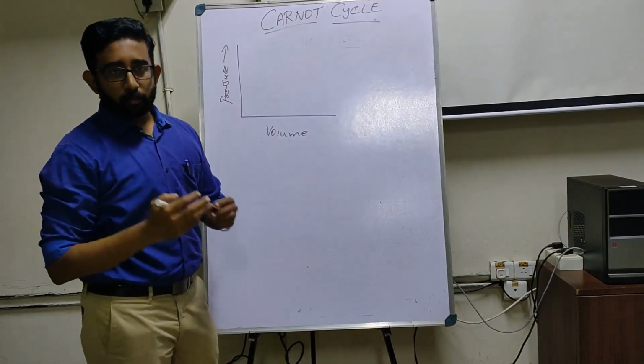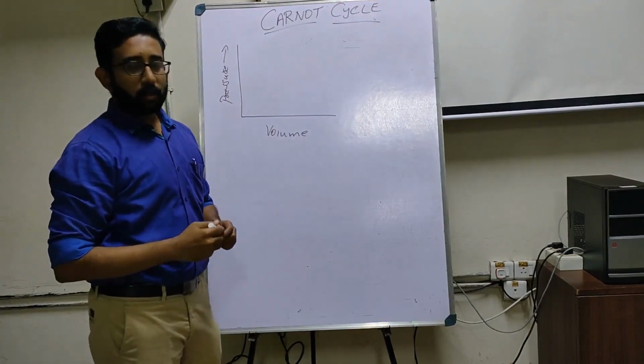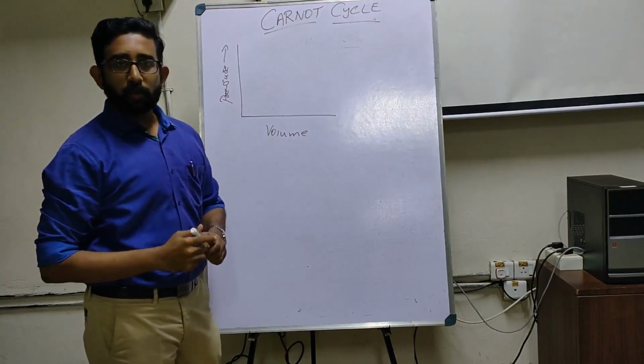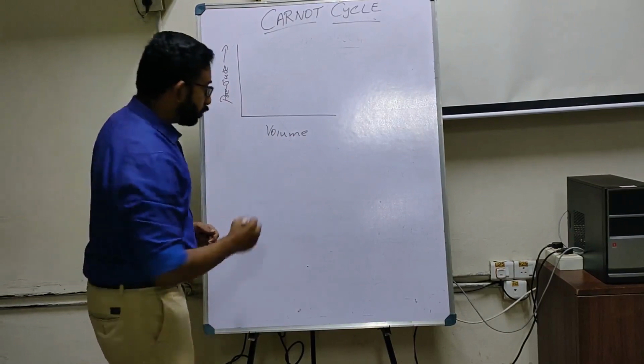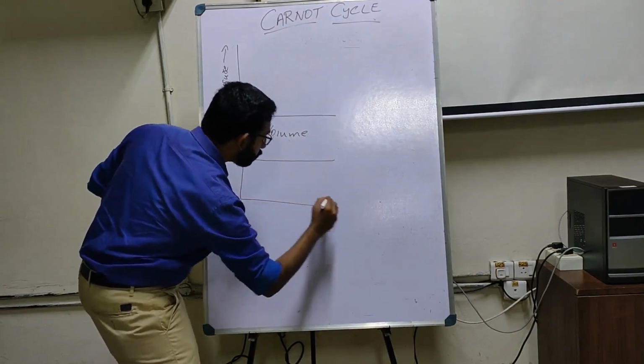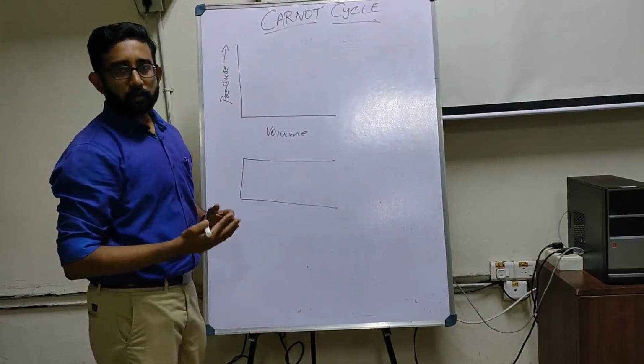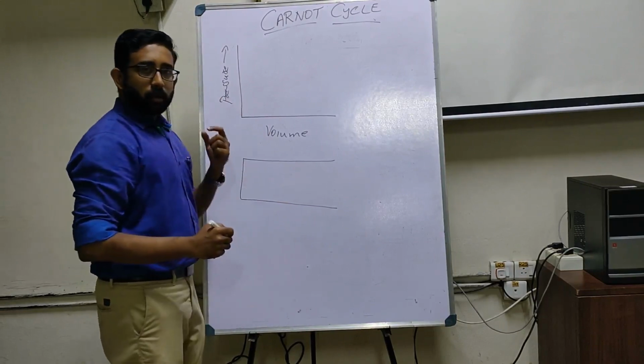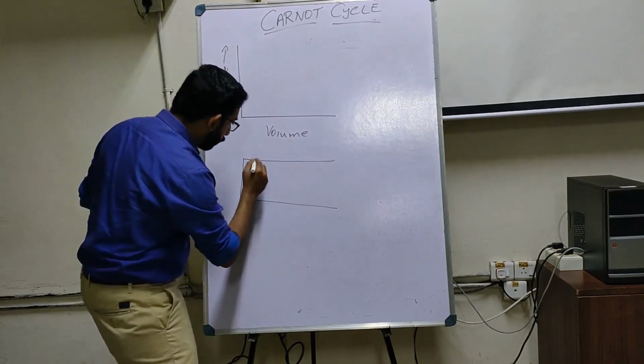Before drawing the PV diagram for a Carnot cycle, it can be explained with the help of a piston cylinder arrangement. So I am drawing a cylinder which is fitted with a frictionless piston. Let's say that it is at a state 1 initially.